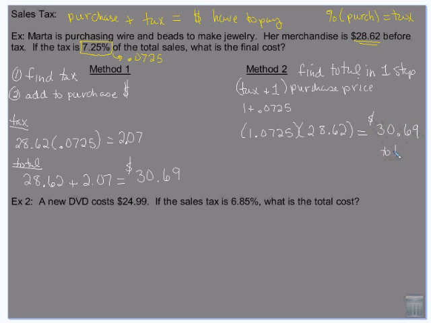And that's my total. So 2 steps, 1 step, same total. This is a matter of preference. Do you want to find the tax and then add it, or do you want to just add 1 to the tax and then multiply once? It's totally up to you.